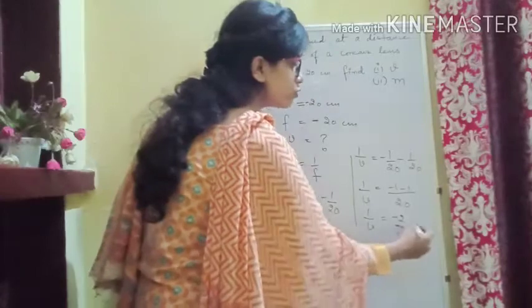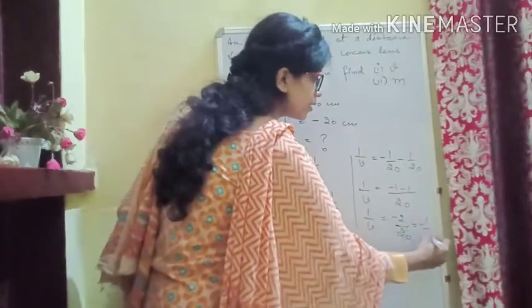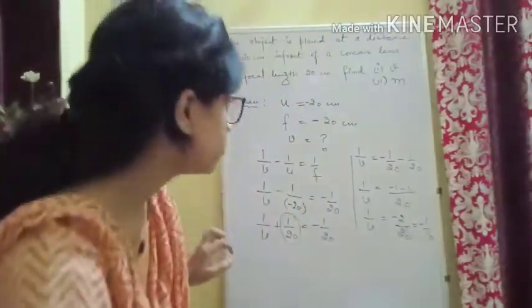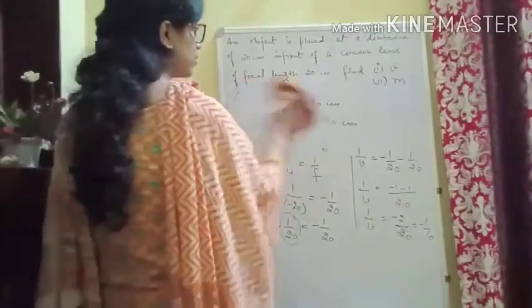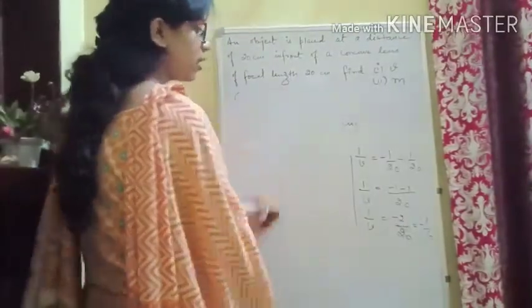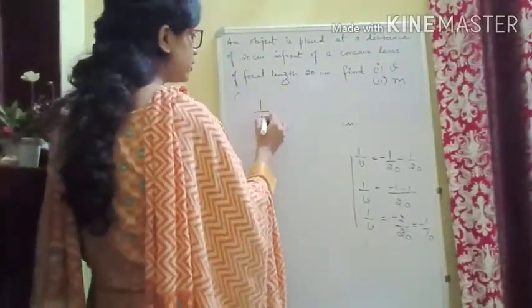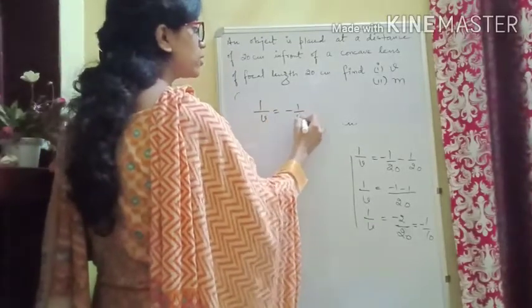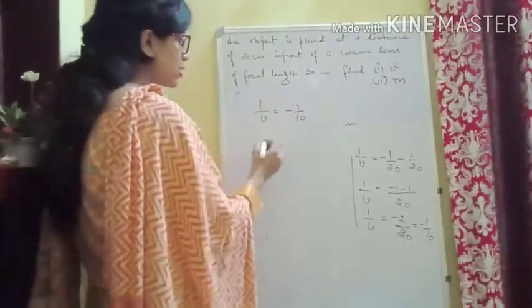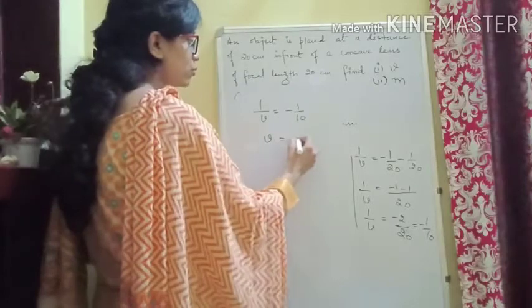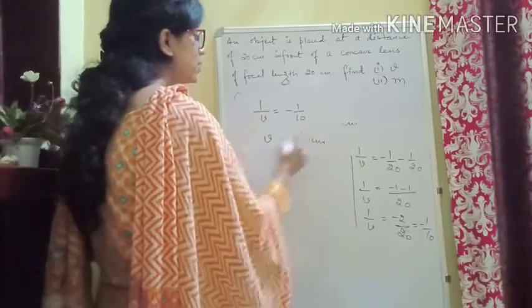If it is 2 upon 20, that means it will be minus 1 upon 10. Now 1 upon V equals minus 1 upon 10. If you reciprocate both sides, that will be V equals minus 10 centimeter.